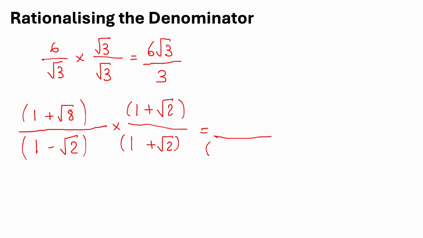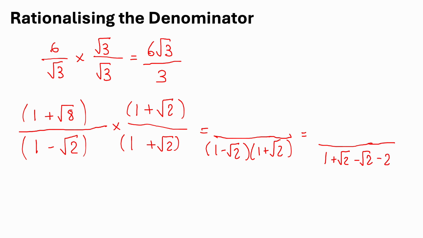So if we do 1 minus root 2 times by 1 plus root 2, and if we expand using our FOIL method or whatever method you like to do when it comes to expanding double brackets, you would get 1 times 1, which is 1, 1 times root 2, which is positive root 2, minus root 2 times by positive 1, which is minus root 2, and then minus root 2 times by positive root 2, which you get as minus 2, like so.